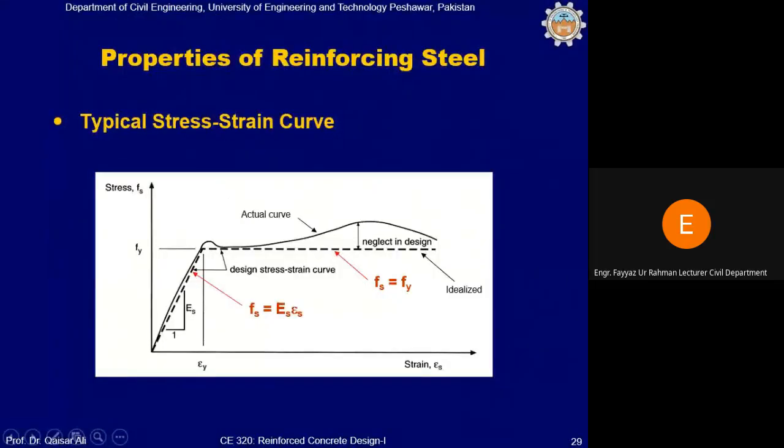Now you can see here the actual stress strain curve, which is represented by the solid line, and the idealized curve, which is represented by the dashed lines.